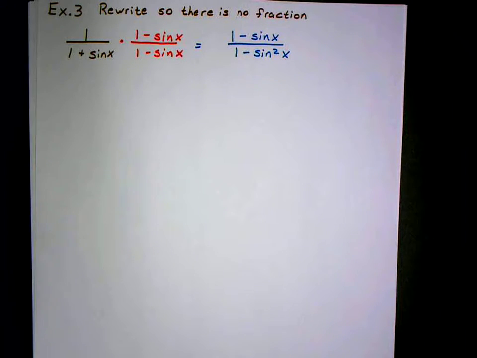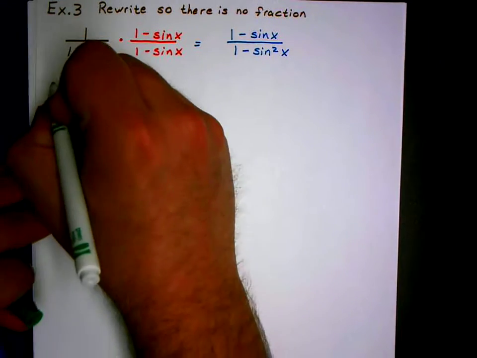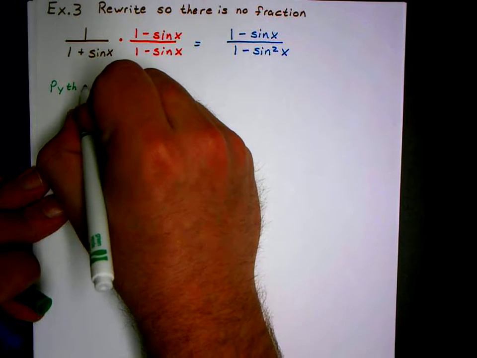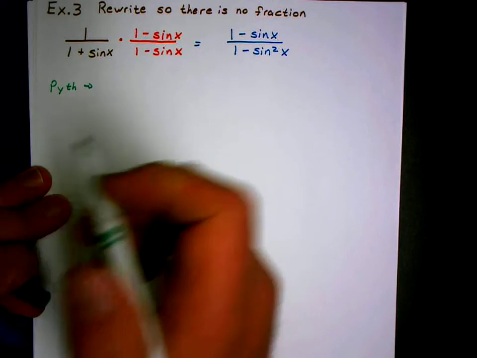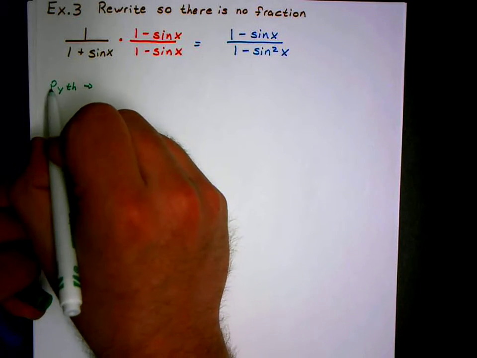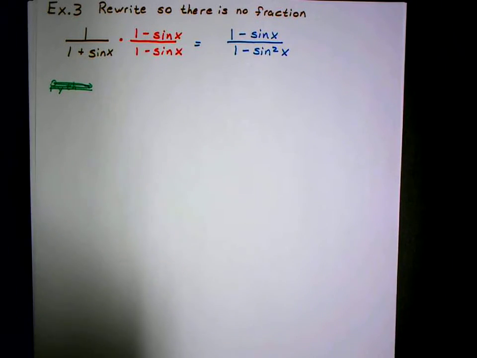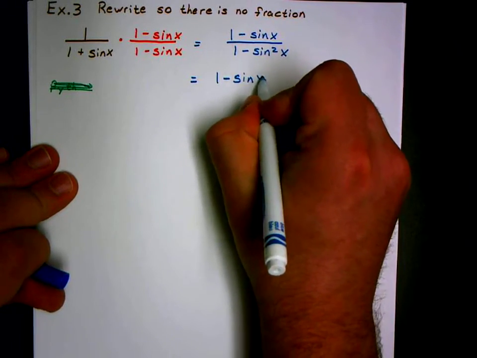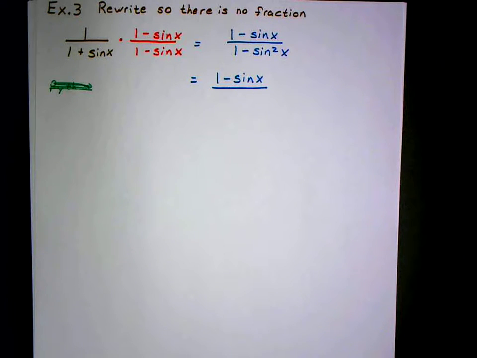Okay, 1 minus sine squared x. So let's go to our Pythagorean and figure out what that equals. Now, again, there's multiple ways of doing this. Let's do this a different way. Let's do this the long way, because I think those of you who get it the short way, you'll be able to do it the short way whether I show you or not.